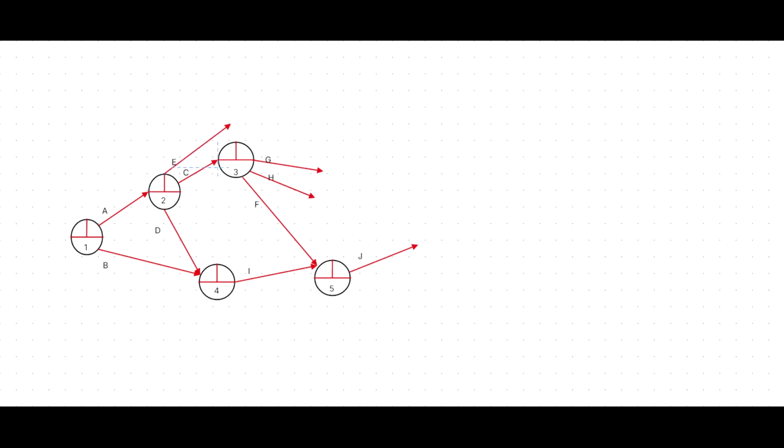The next, for the K, we should complete E, H, G. The problem is G and H start at the same event. We can't complete using another same event.